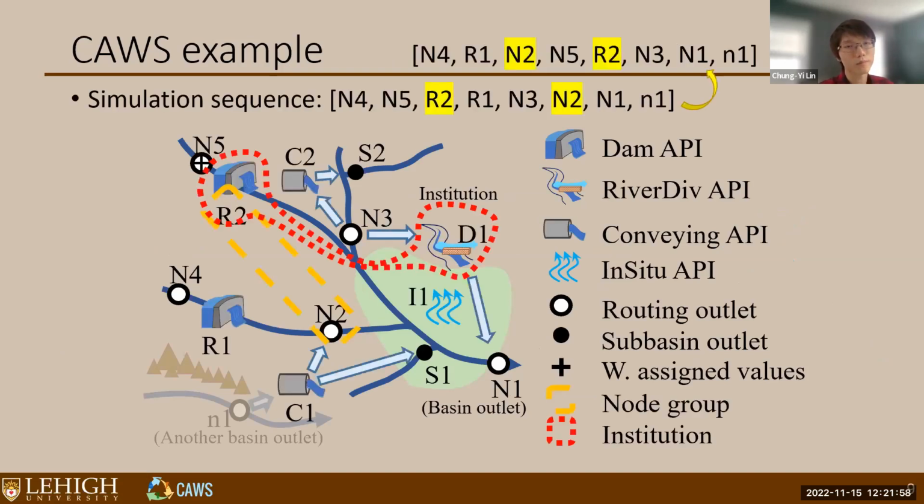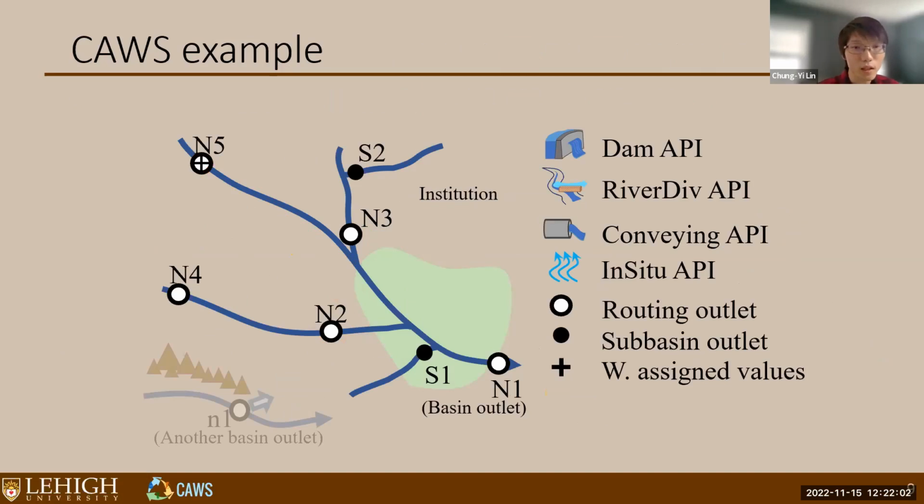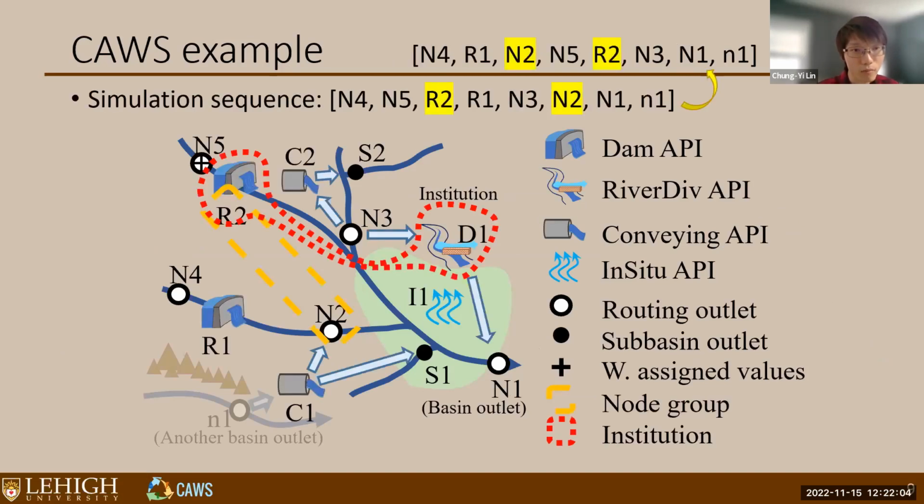We can use the dam API to incorporate the two reservoirs into the system and use the river diversion API to integrate the irrigation district into the system, where this D1 can divert the water from this N3 node and have a return flow to this N1 node.